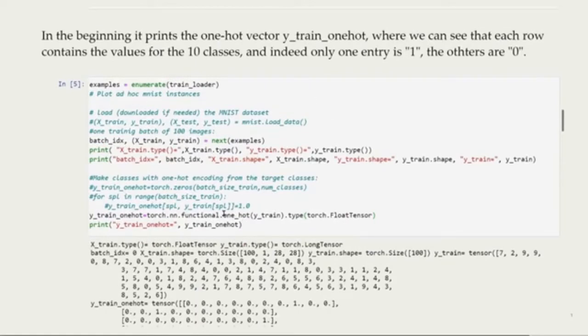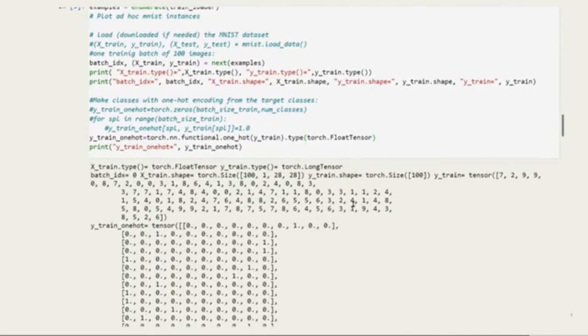We are using the one-hot function and converting the target to the one-hot format. And here we see the original target, 729908, and then here's the one-hot format. This first one is equivalent to 7, so 0, 1, 2, 3, 4, 5, 6, 7, and there is a 1 at that position.